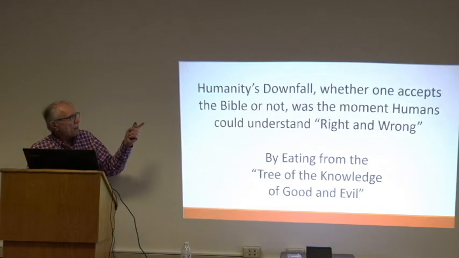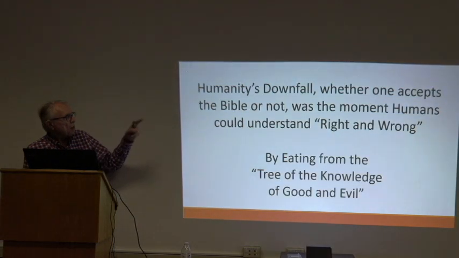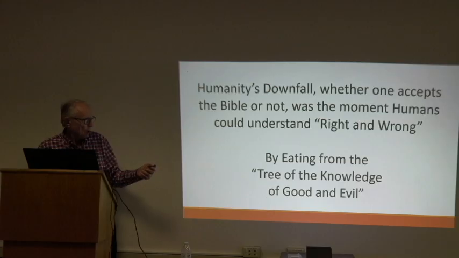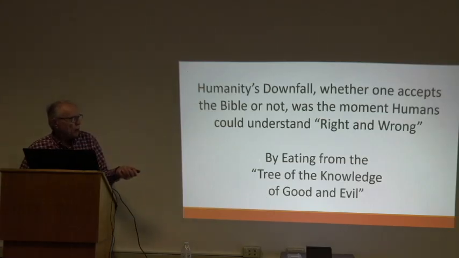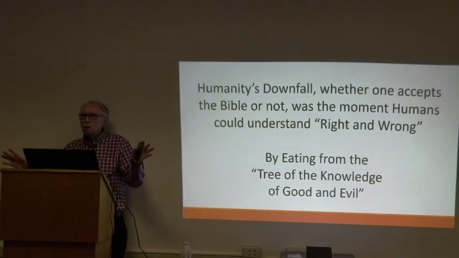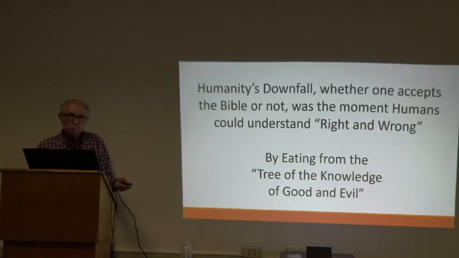But humanity's downfall, whether one accepts the Bible or not, was the moment that humans could understand right or wrong. And in Genesis it says, by eating from the, quote, tree of the knowledge of good and evil, that's what caused all of humanity's problems. Okay?